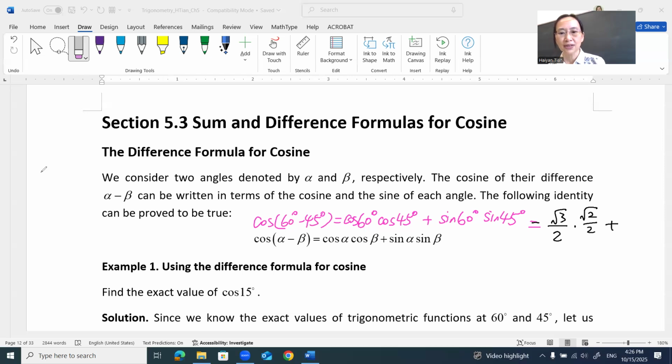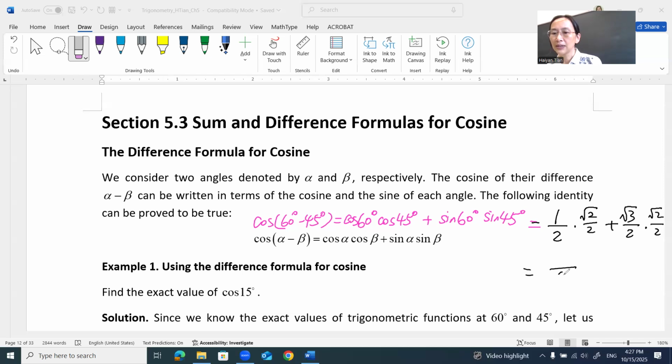Sine 60 is square root 3 over 2, and sine 45 is square root of 2 over 2.